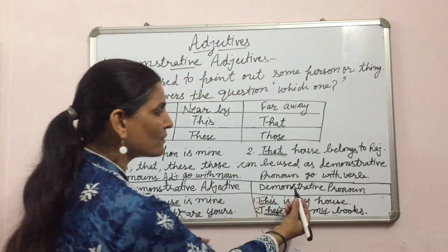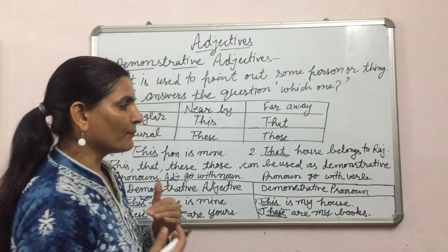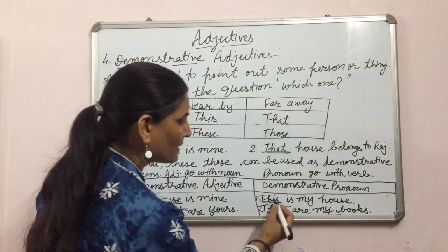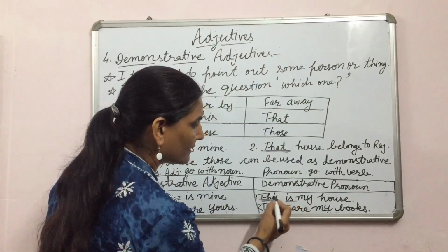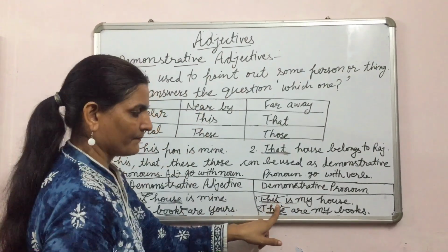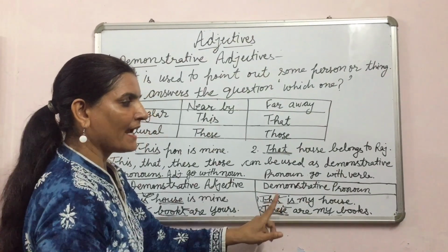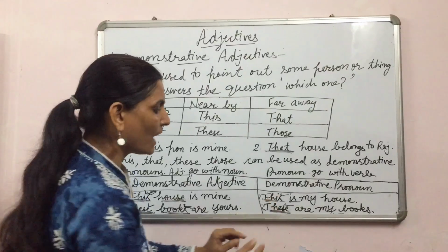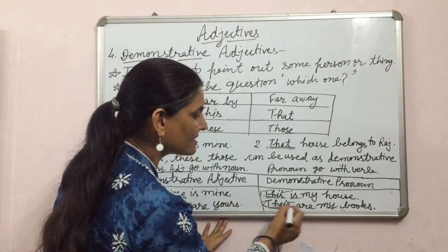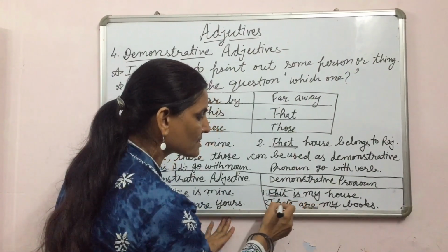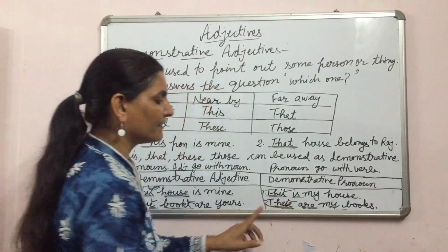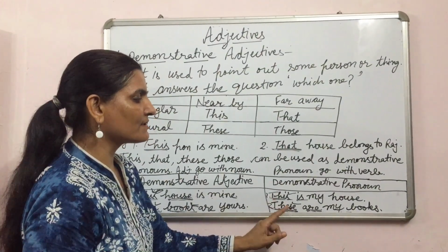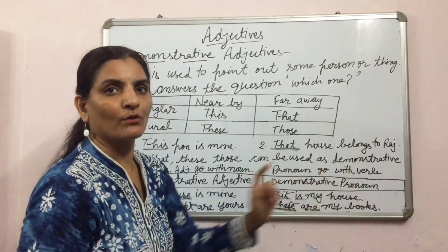In this, demonstrative pronouns always go with verbs. So here this is used as a pronoun, meaning demonstrative pronoun, and in this sentence are is a verb. So here these is used as a demonstrative pronoun.